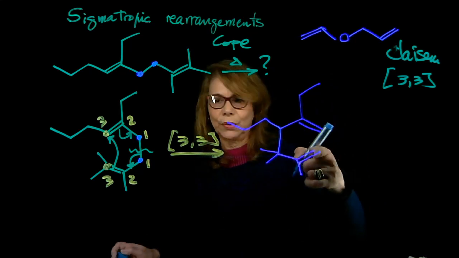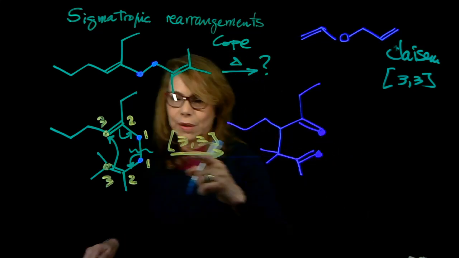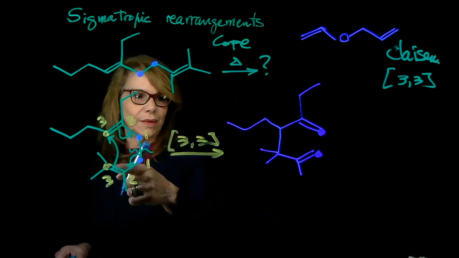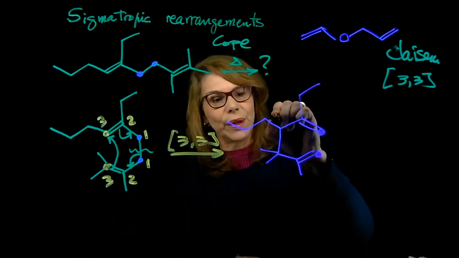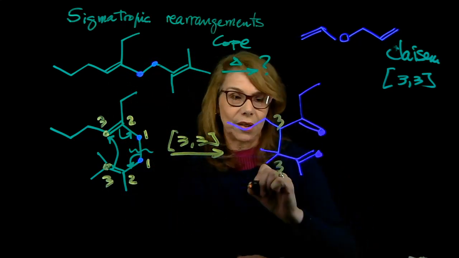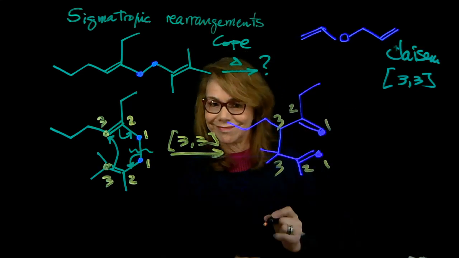And that's a bond. Notice that, let's do the two blue dots. That's a bond that broke, and that's a new bond that formed. So let's keep the numbers that we did before. We have done this 3. 3 is a new bond. So 3, 2, 1, 3, 2, 1.